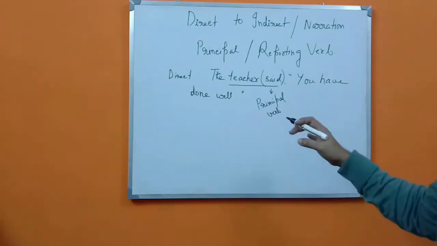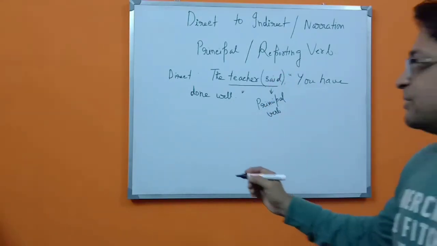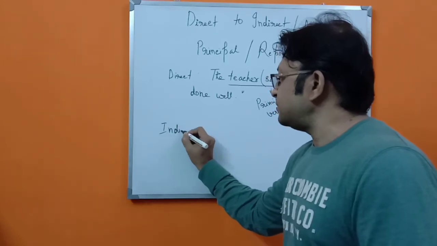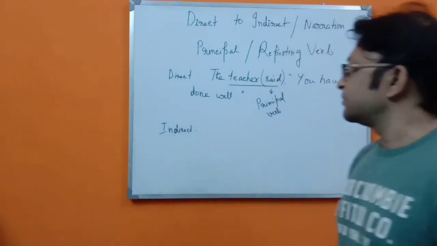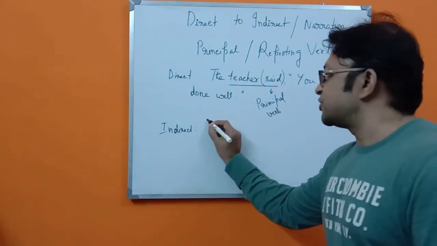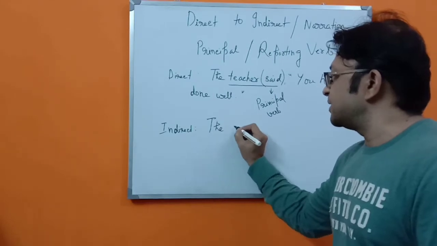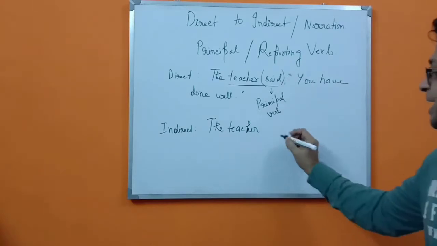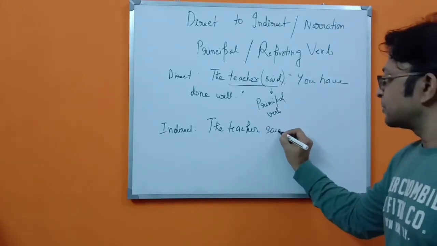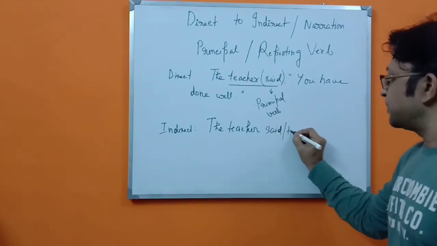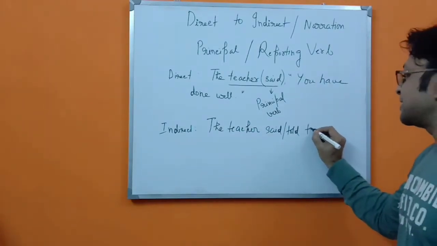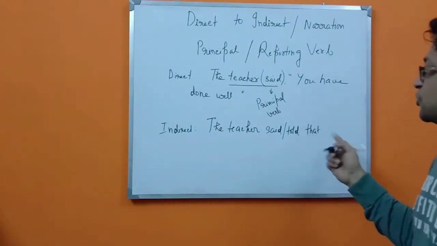Okay, if I change this sentence into indirect, what am I going to write? The sentence will change. The teacher said, or you can write it as told, then what I bring from outside is that, because it is joining the sentence.